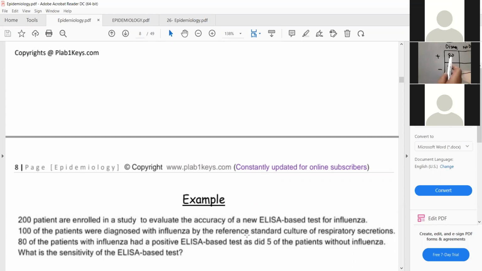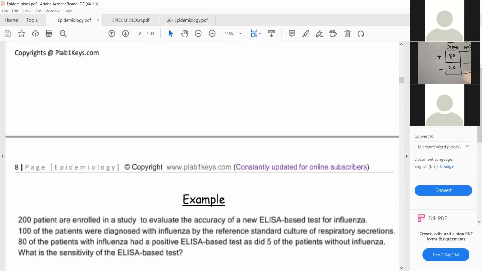These 80 are true positive because they have the disease and their ELISA screening test is positive. And these 20, though they have the disease, we are writing them here. They are false negative.